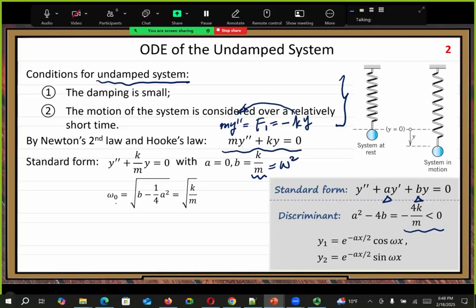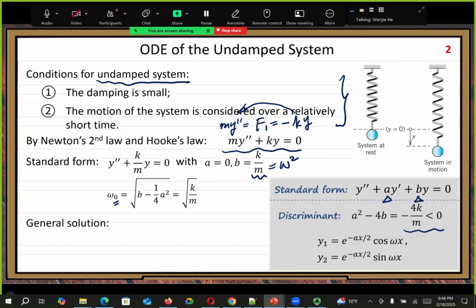Because this constant has a special meaning, here we use a special notation omega 0.